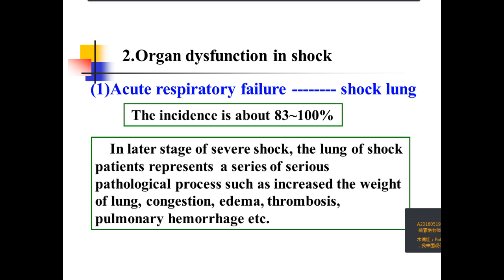Because microthrombi block the respiratory capillary vessels, the pulmonary vessels are blocked, leading to ischemia, so the partial pressure of oxygen in the artery decreases. Now respiratory failure: partial pressure of oxygen in the artery decreases.